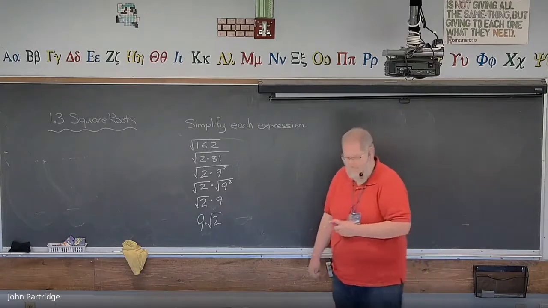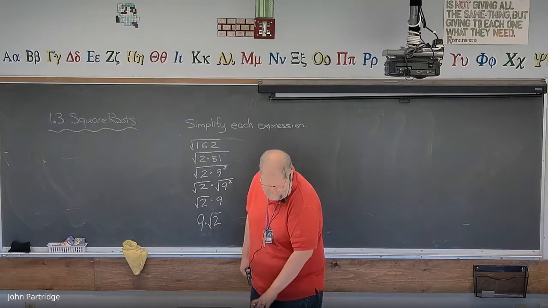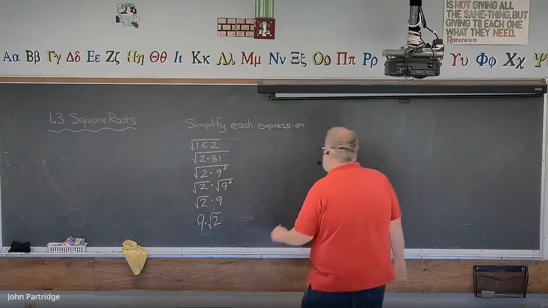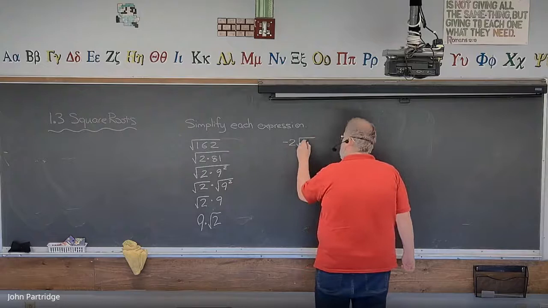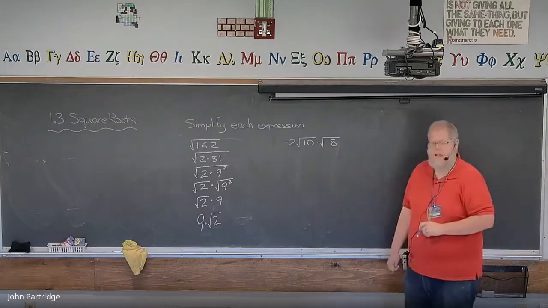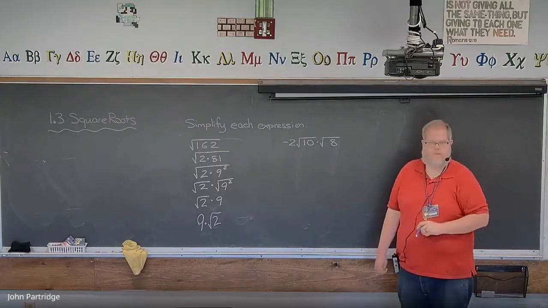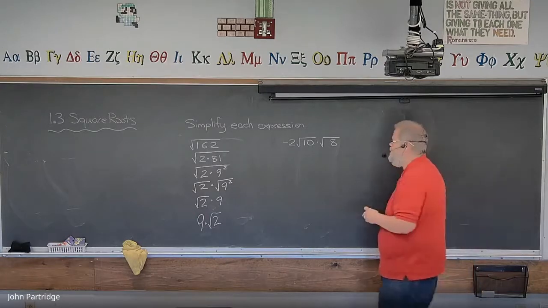All right, let's go ahead and do another one. Here we go. Negative 2 times the square root of 10 times the square root of 8. Let's begin.